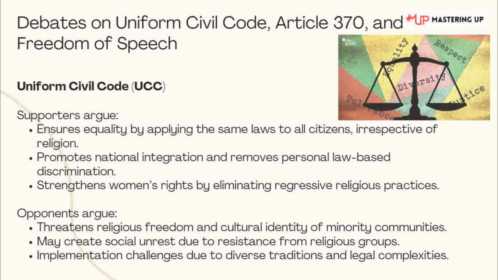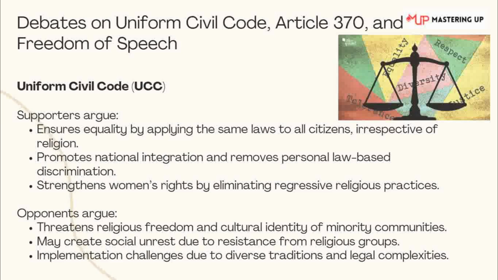Let us now deep dive into the key contemporary debates. Debate on the Uniform Civil Code. Let's discuss the arguments from supporters and opponents of the Uniform Civil Code. Supporters' arguments: it ensures equality by applying the same laws to all citizens irrespective of religion, promotes national integration and removes personal law-based discrimination, and strengthens women's rights by eliminating regressive religious practices.